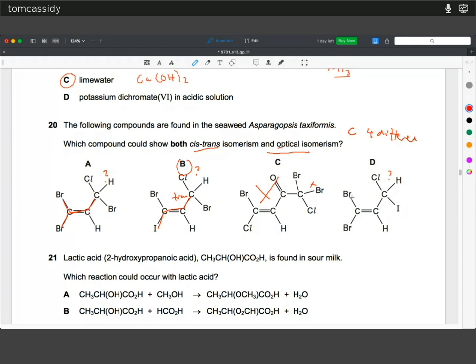And you've got the same thing happening here, that you don't have cis-trans isomerism, except you've got it over here. And so our compound B is going to be the one which has the cis-trans isomerism and the optical isomerism, because we have four different atoms or groups bonded to that carbon atom there.